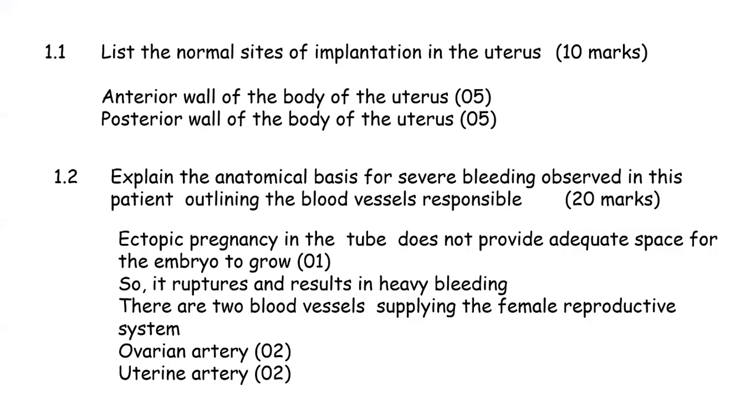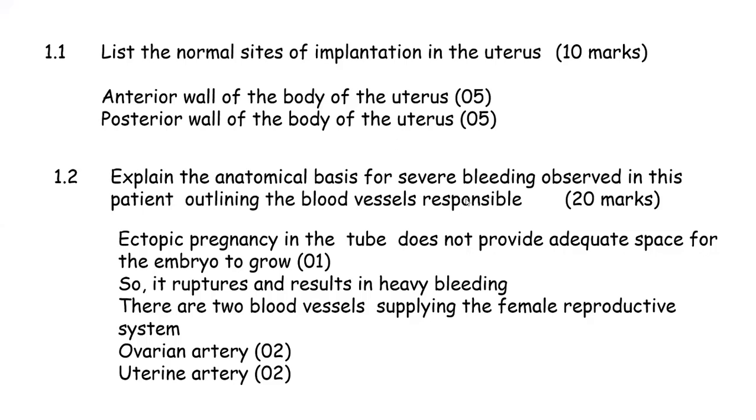The question is: explain the anatomical basis for severe bleeding observed in this patient. Outline the blood vessels responsible. Right? So here, the amount of marks that is being allocated is 20 marks. Right?